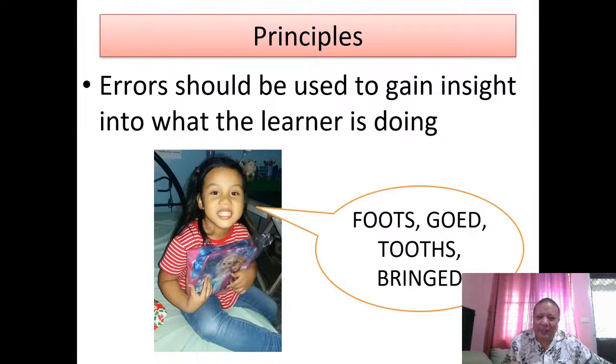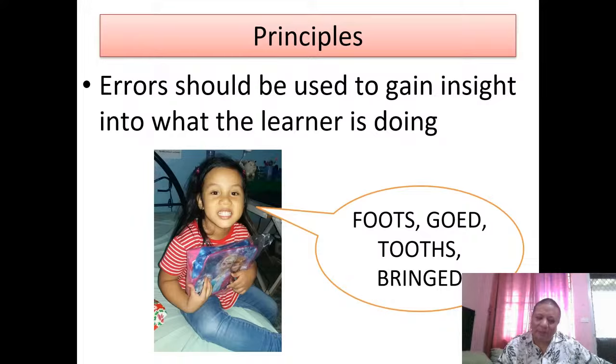Another principle in communicative language teaching is that errors should be used to gain insight into what the learner is doing. It's not something you immediately try to get rid of. Rather, you use errors to understand what the learner is doing. For example, when a learner, maybe a child or an adult language learner, would say foots, go, tooths, bringed, you realize that the language learner is actually applying rules.